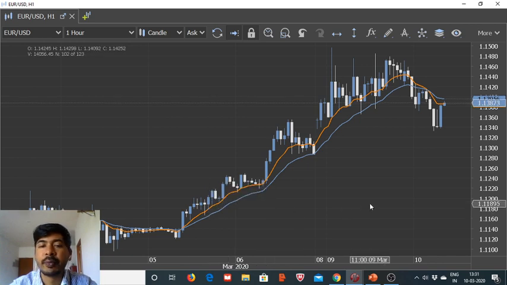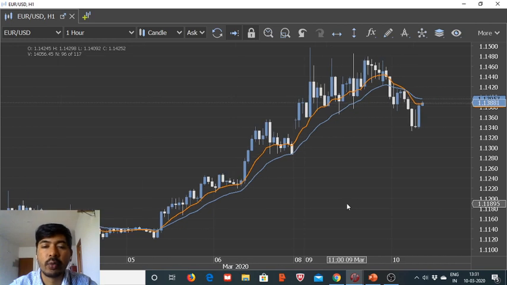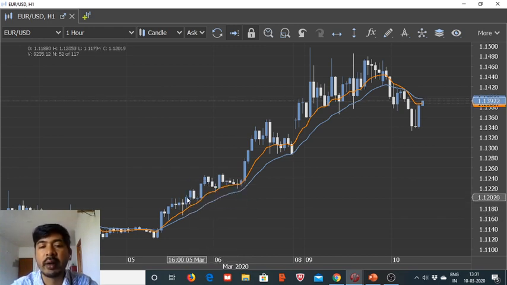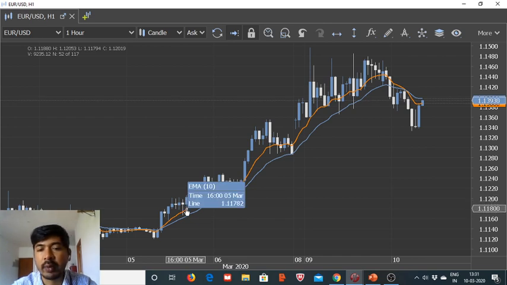For such a scenario we will need to deduct the EMA value from the candle close. Let's see what price it is, 1.120, and the EMA is 1.1178.